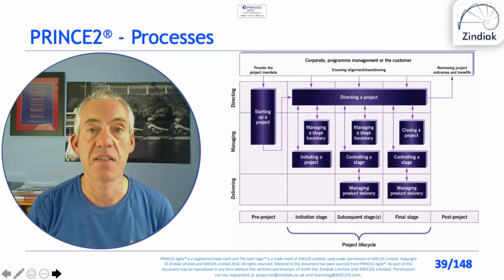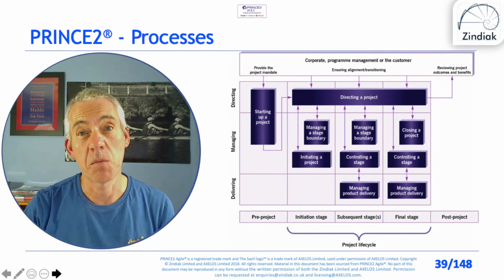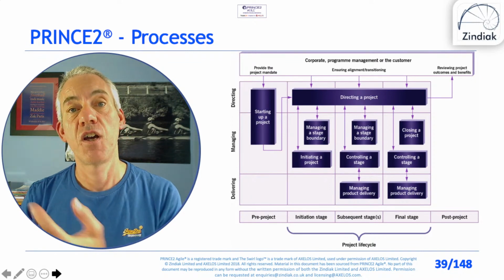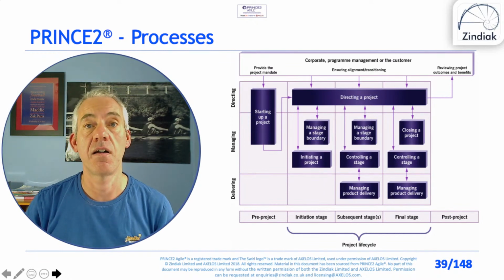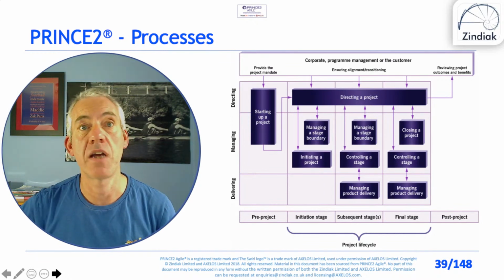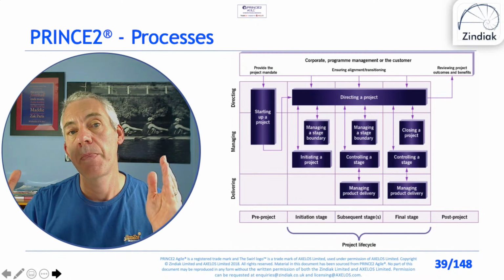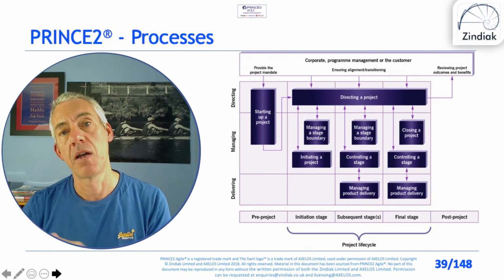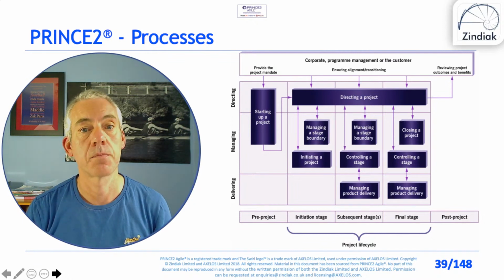So any risks that exist, we're handing them over to operations. Probably most importantly, any benefits that we haven't yet achieved, who's going to take responsibility for those? And typically it's either the customer, so operations, or an external customer, or possibly program management. If we're part of a program, although the project may be finishing, the program may be continuing, and the program may take responsibility for realizing those benefits.